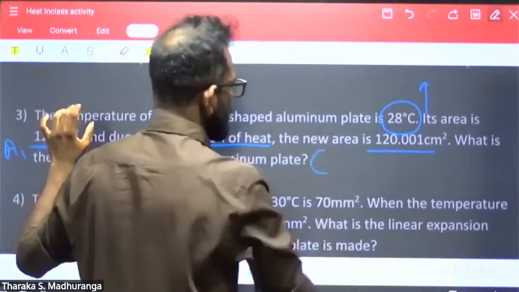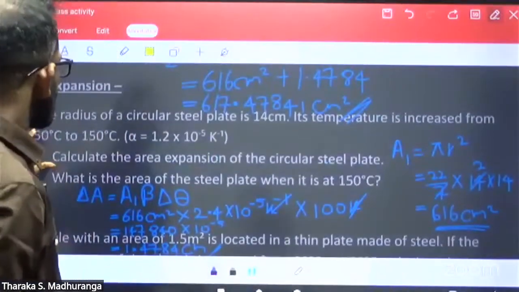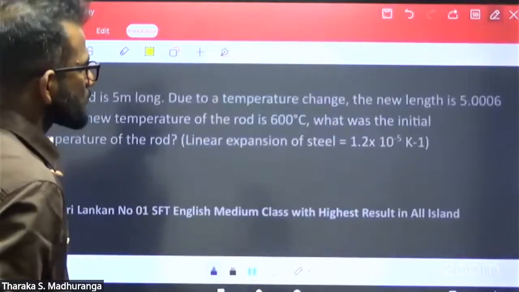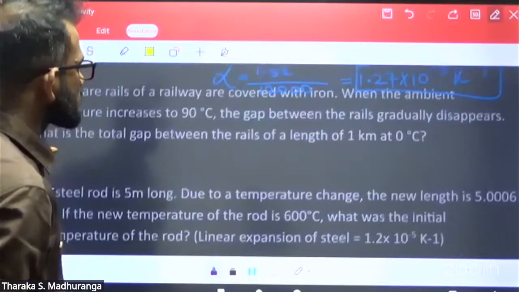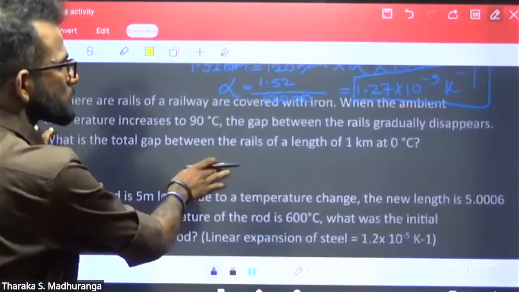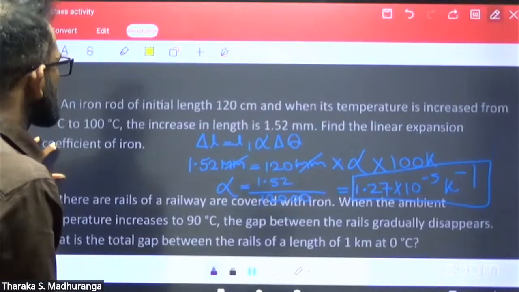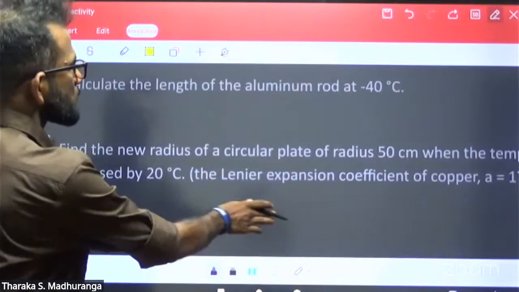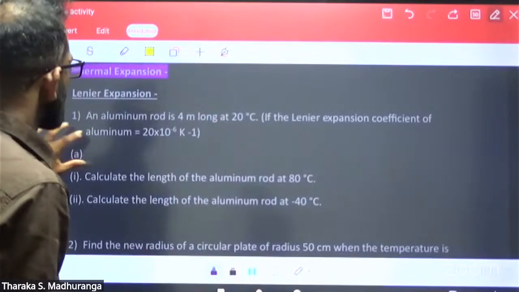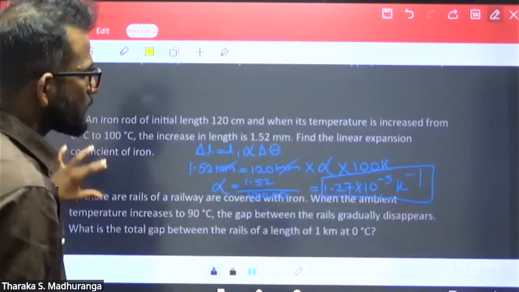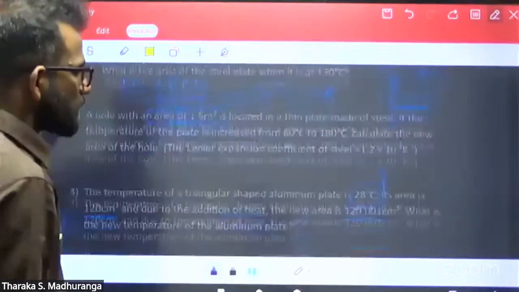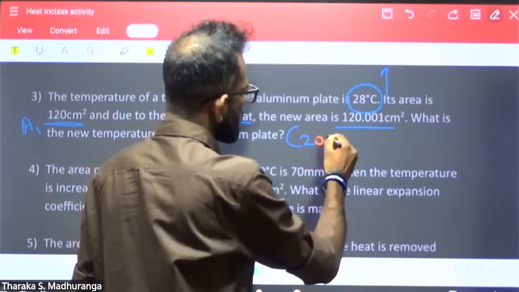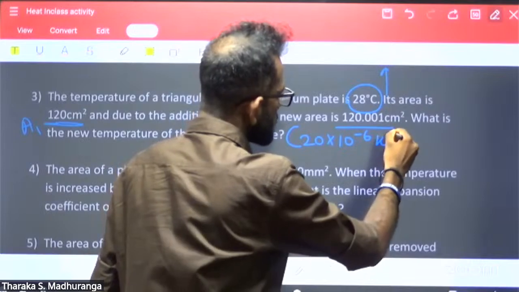Then you have to let me know. The aluminium alpha value, I think it's given, no? Sorry, that's my mistake, the steel one is given. Aluminium is 20 into 10 to the power minus 6 per Kelvin. Very sorry.